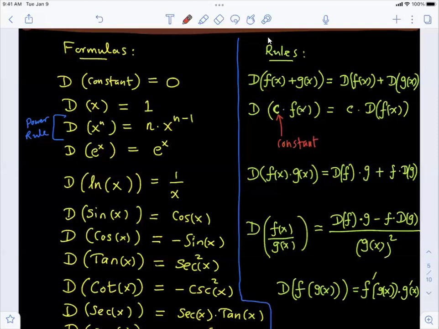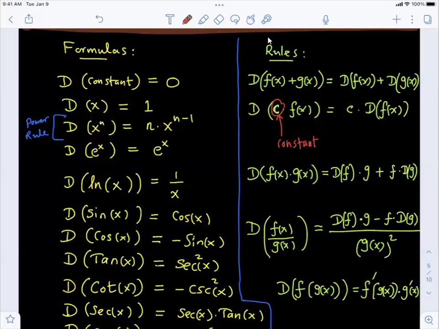Because when you have a constant multiplication here, it is nothing other than a rescaling of the given function. So the constant is in fact not just a constant. In this occasion, it is a rescaling factor of the given function. So that rescale remains intact. So you can simply bring it out, and you're going to differentiate the function itself.